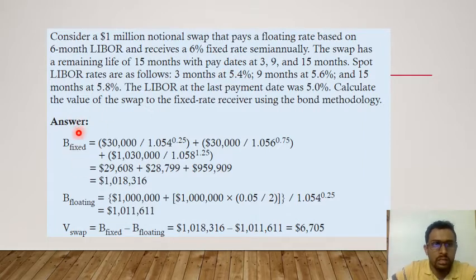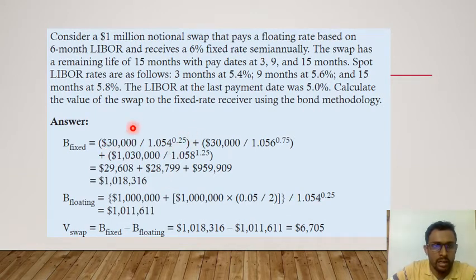So the answer is, first we will calculate the fixed bond using the genuine method that we use for our bond calculation. We will take all the cash flows, that is 30,000, which is nothing but 1 million into 6% semi-annually, for 3 periods, that is 3 months, 9 months and 15 months, and we'll discount them back using the 3 months LIBOR rate, 9 months LIBOR rate and 15 months LIBOR rate.